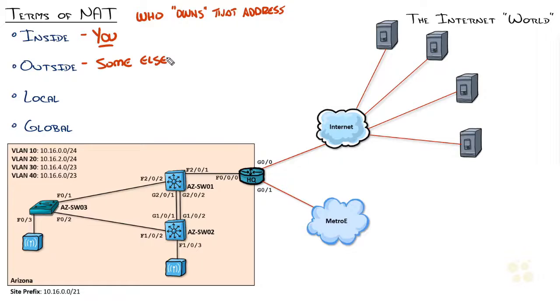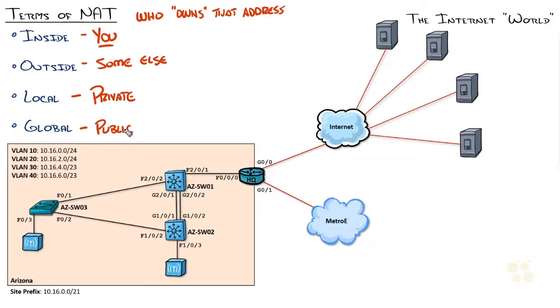If you're taking notes, jot that down. Those first 2 words describe who owns the address. These bottom ones are really a lot simpler. I say local is essentially private and global is public. And that relates to what kind of IP address it is. So again, jot that down. Pause if you need to take a minute, jot that down, okay.